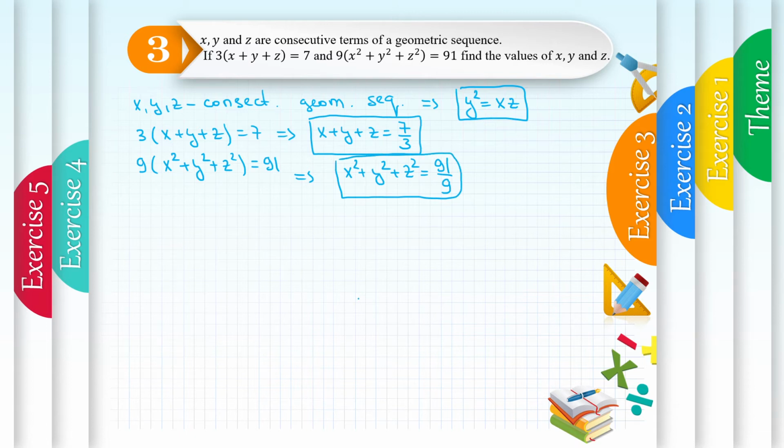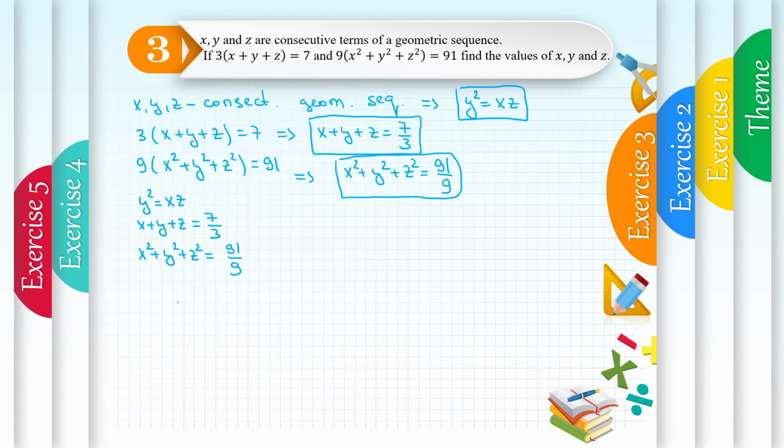So for finding x, y, and z, we have to solve the simultaneous equations y squared is equal to xz, x plus y plus z is equal to 7 over 3, and x squared plus y squared plus z squared is equal to 91 over 9.